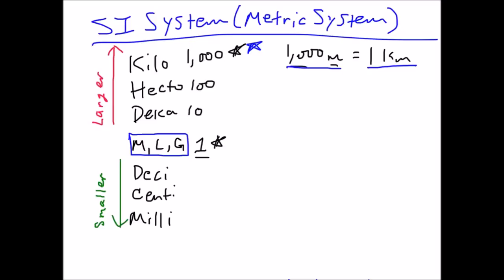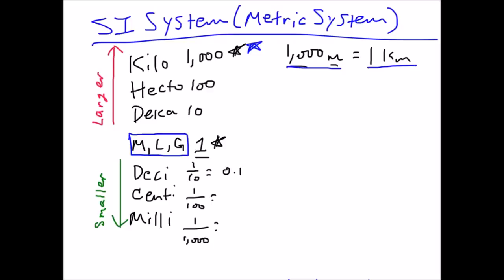So these words that we use on a daily basis have ties back into the metric system. Deci is 1/10 of the base unit. Centi is 1/100th, and milli is 1/1000th. Okay, so that means that deci is 0.1.